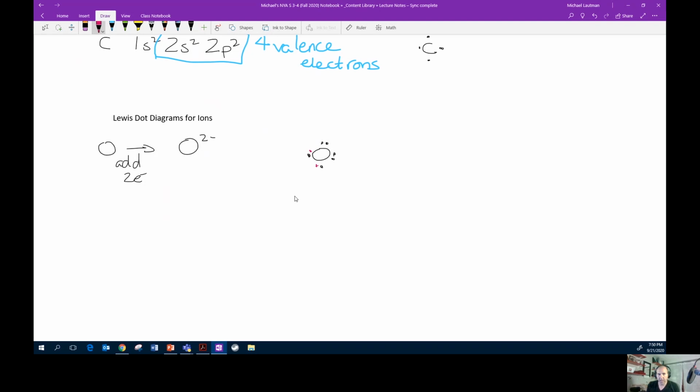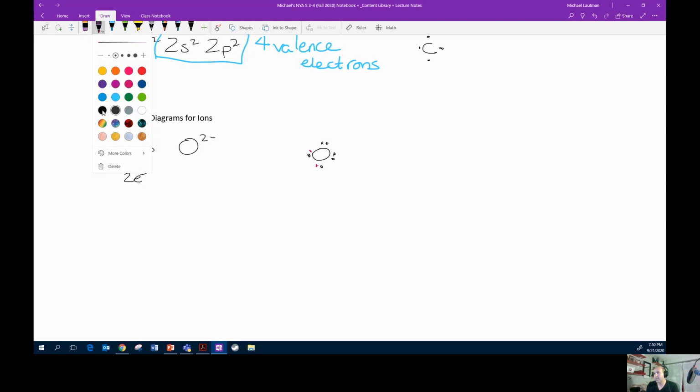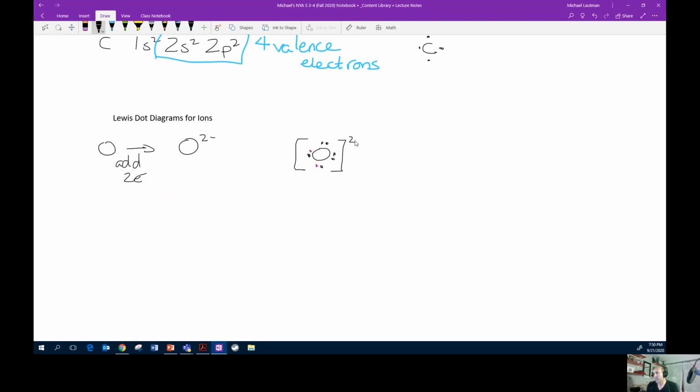That's it. So it has 8 valence electrons. Then I am going to put square brackets like this around the ion and put the charge on the outside. That's it. So this is oxide ion.